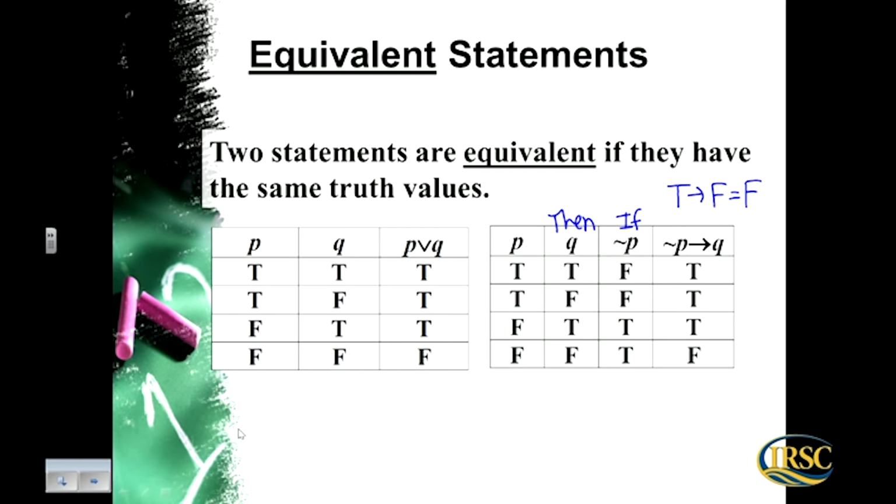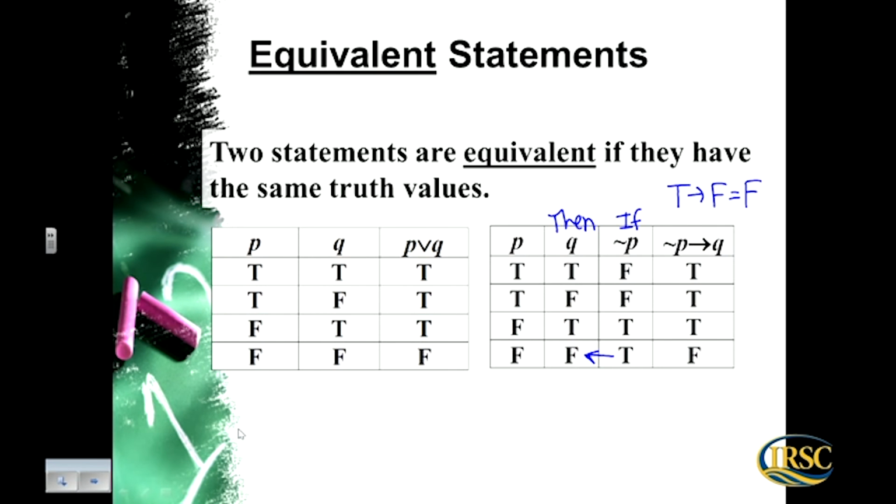The only time that happens is down in the last row, because remember you're going in an opposite order this time. So you should have true, true, true, false. Any questions on either of these two truth tables?